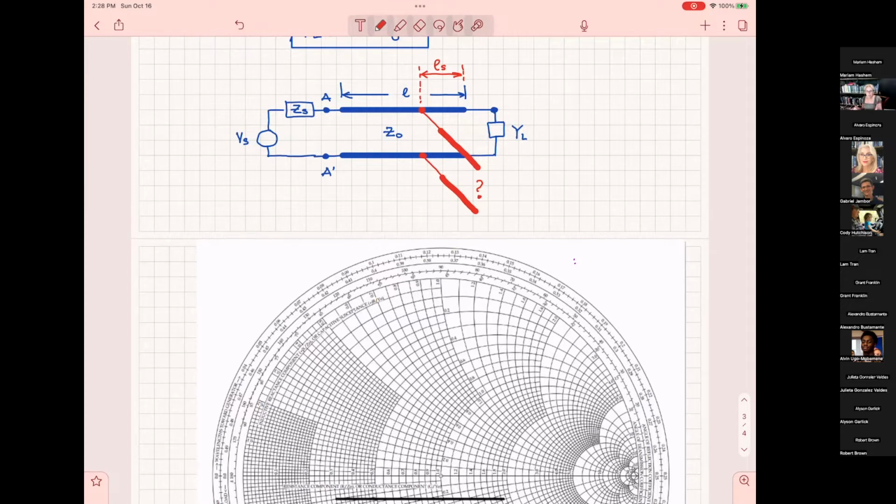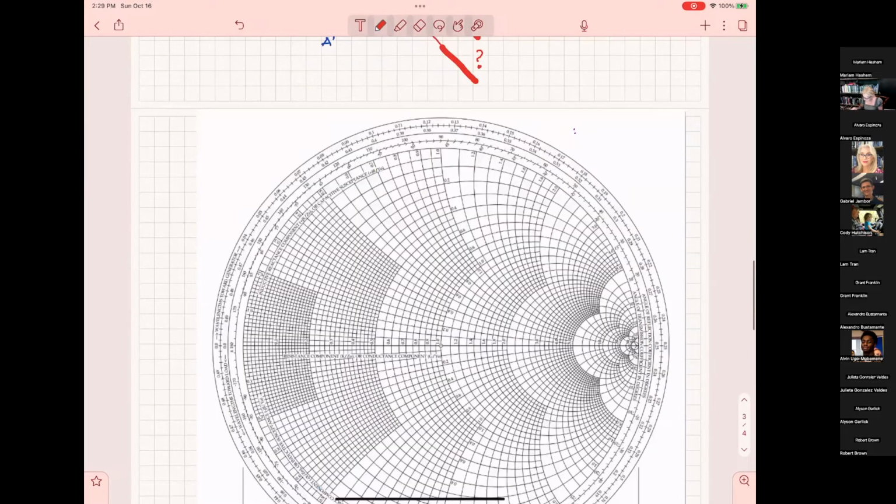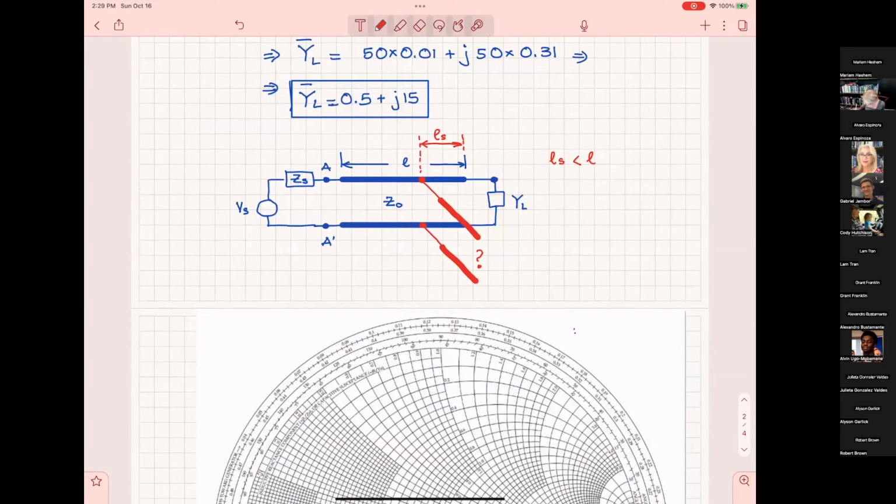If L sub S is larger than L. So the concern that I have here is to make sure that L sub S is less than L. That is important to keep in mind. Second, why would a stub be in shunt? To see that, you will have to remember how we will solve the problem on the Smith chart. So let's go and place, first of all, Y sub L.